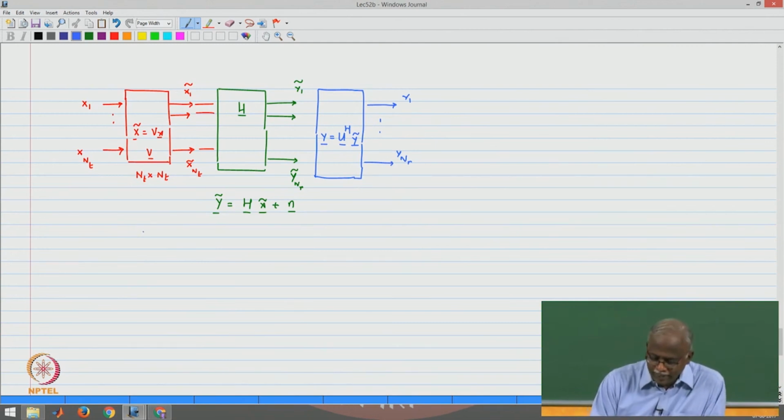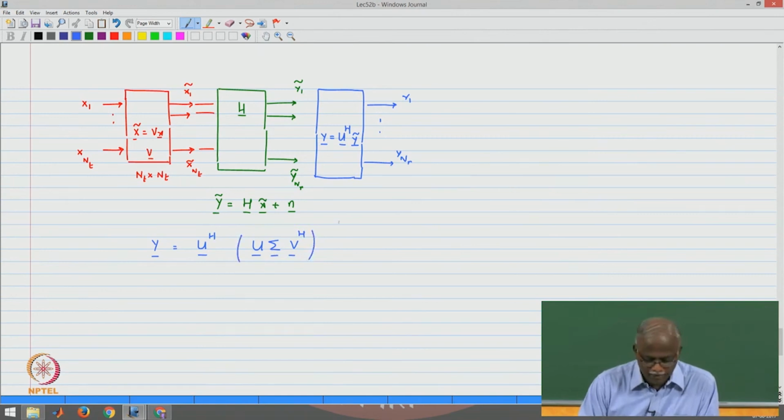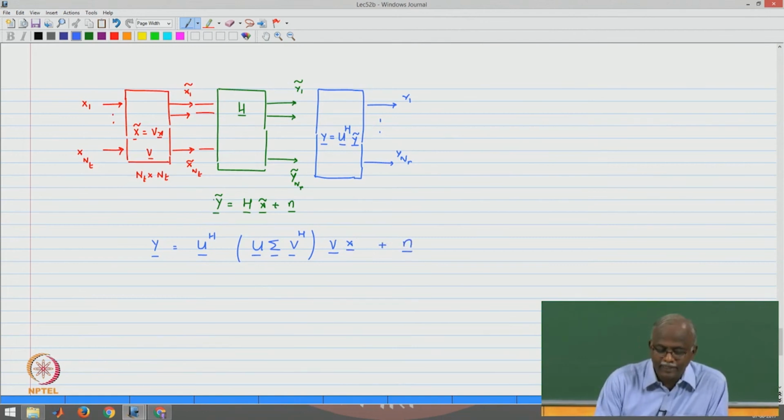So, we will write it in the following form: y is equal to the post processing step U Hermitian, the channel which is U sigma V Hermitian, times the pre-coded transmitter which is V times X, and of course, we have the noise element that is being added.